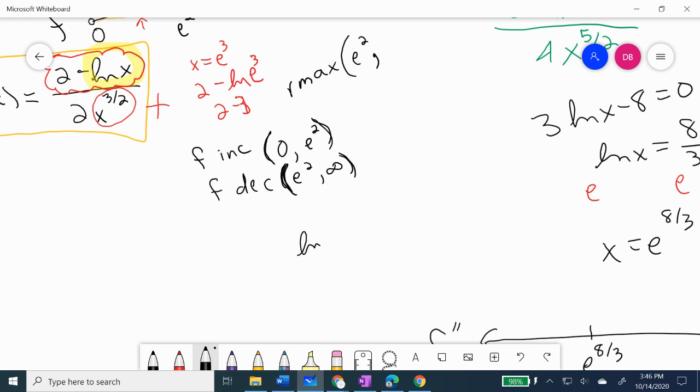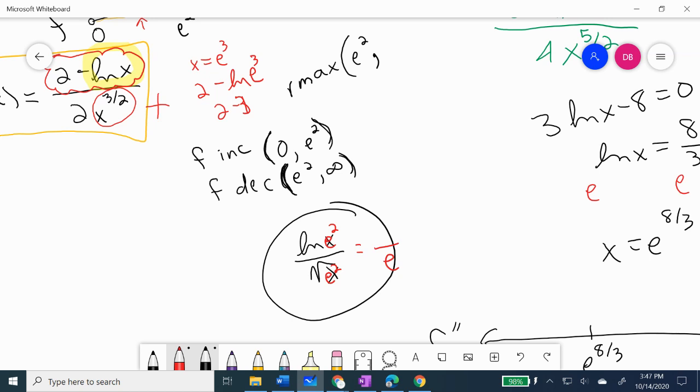I'm going to write that down over here: natural log x divided by root x. If I plug e squared into that, the square root of e squared is going to give me e, and the natural log of e squared is going to give me 2. So 2 over e is my relative maximum.